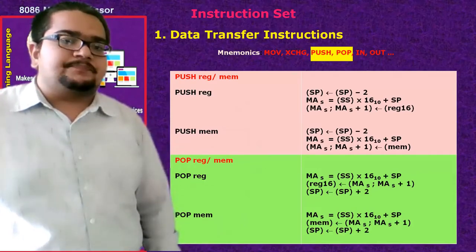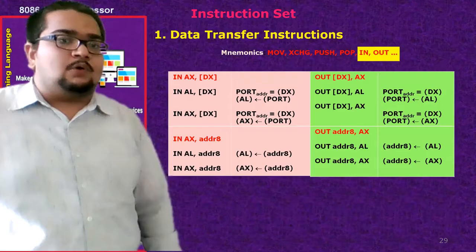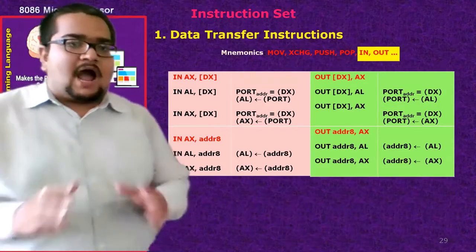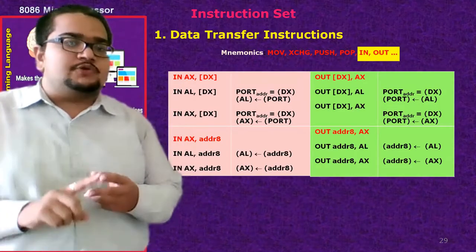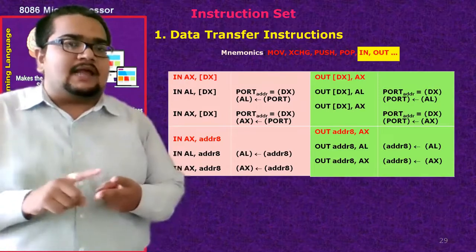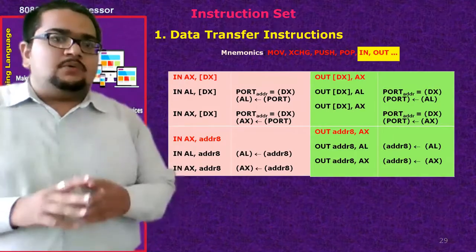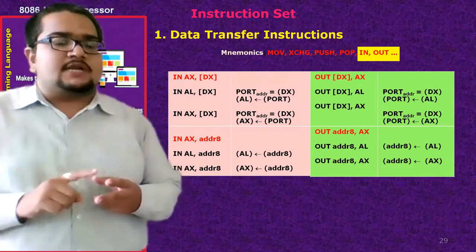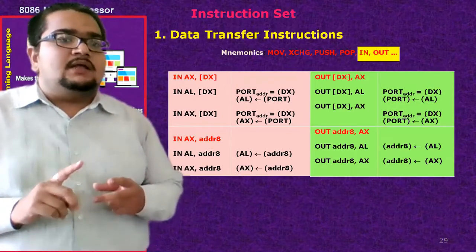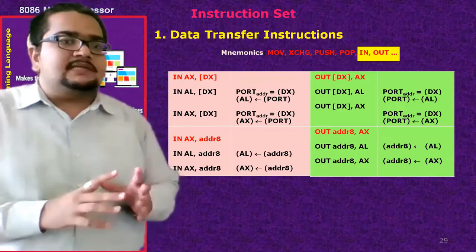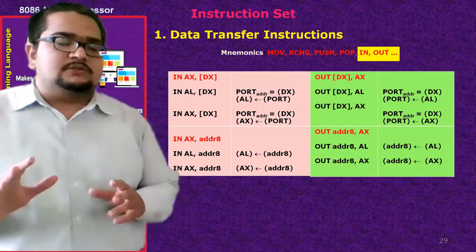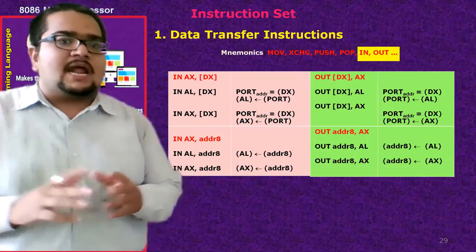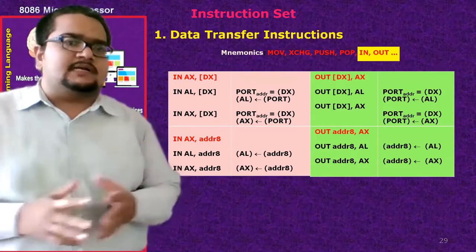Next is our IN and OUT. Earlier we have seen that IO port addressing uses only 2 instructions, IN and OUT. IN and OUT instructions are used for moving data between the processor and the IO module, the IO ports, either a register or a memory address.